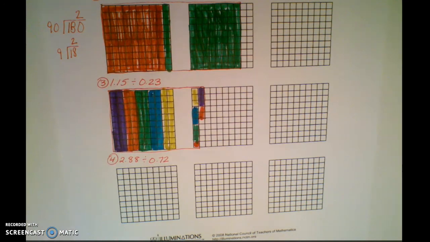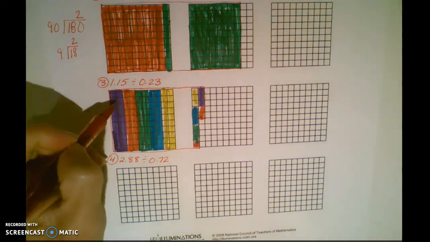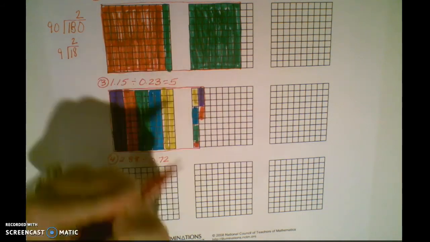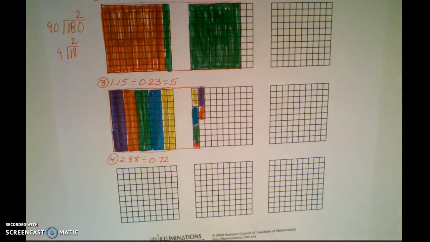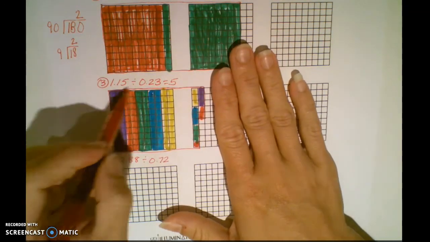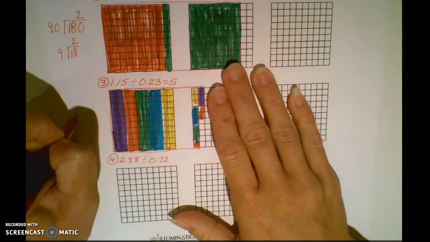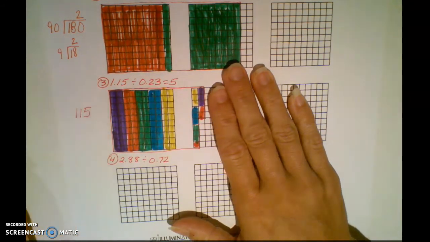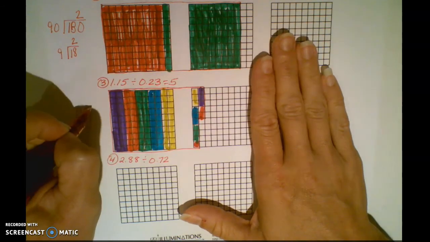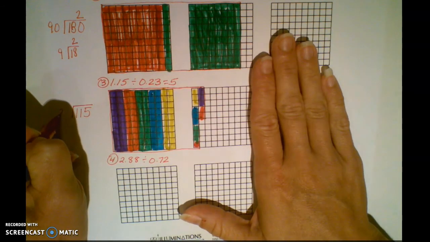So how many groups or how many colors did we use? How many groups can we make? 1, 2, 3, 4, 5. Okay. Now this one might not be as obvious, but let's look at what we really did here. We took 115 total squares to make up the whole and divided it by 23.